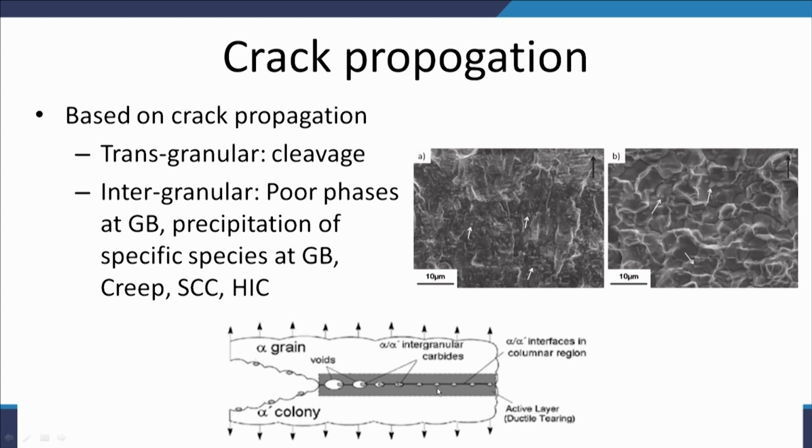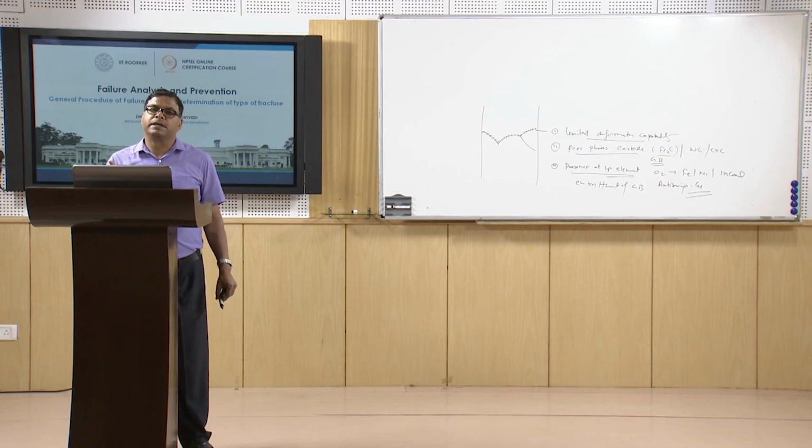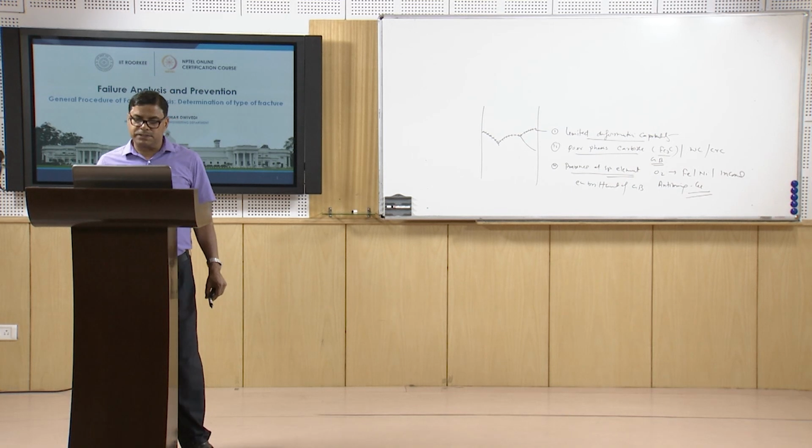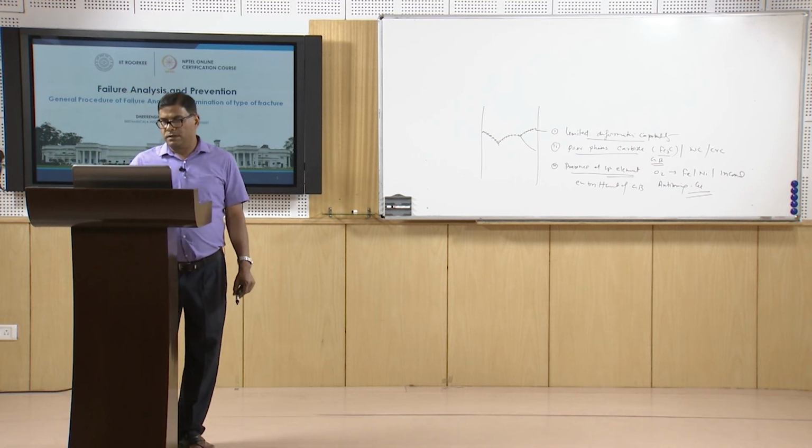So, here the grain growth at the boundary is taking place in such a way that wherever the particles are there, voids are formed, and subsequently their coalescence leads to the fracture.